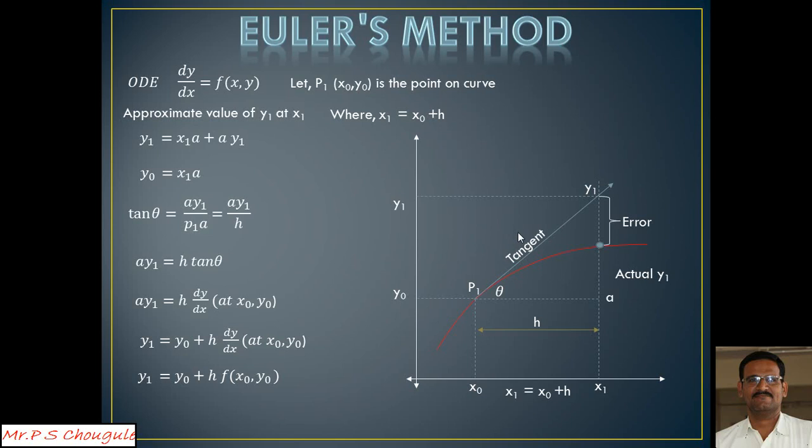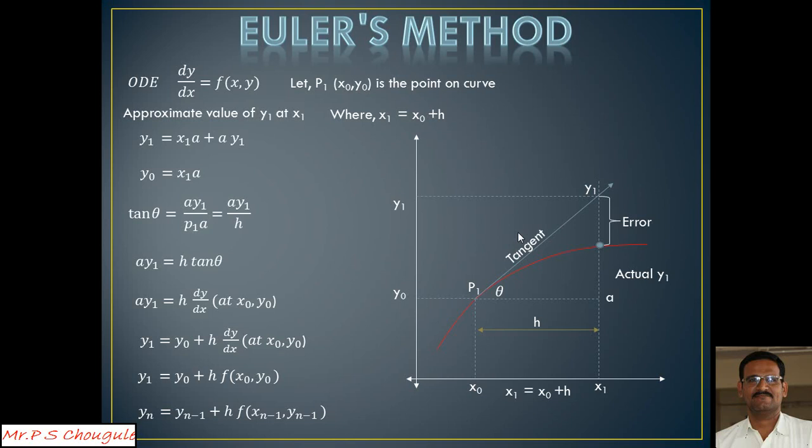Then this error will get reduced. So I can write in a general form yn is equal to yn minus 1 plus h into f of xn minus 1, yn minus 1. This is the theoretical information about Euler's formula, how we have derived this equation.